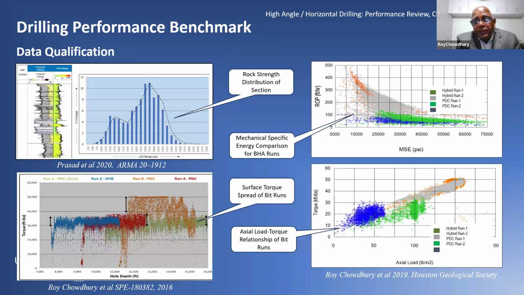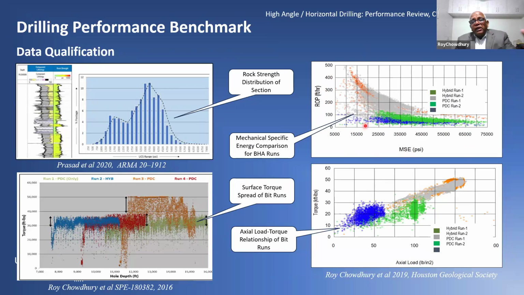Now, when it comes to drilling parameters, a very good starting point, on the right-hand top picture that you see, is extremely commonly used. It is mechanical specific energy against the penetration rate.